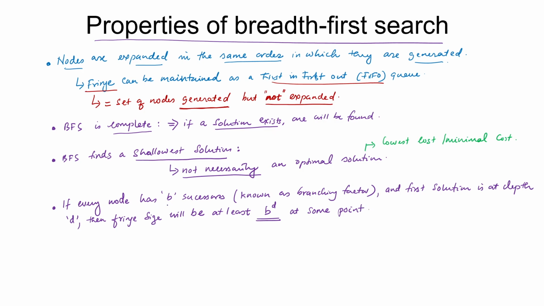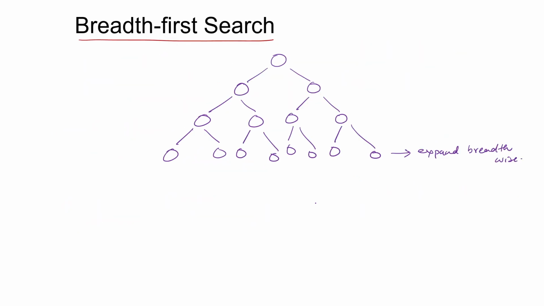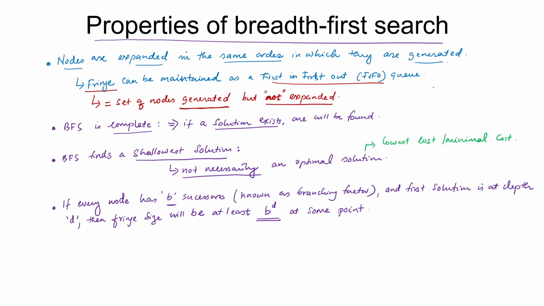So, if there are b successors for each node, the branching factor, okay, in the previous example the b here is 2, the branching factor is 2. Okay. So, if the first solution is at depth d, okay, and third level, fourth level, then the fringe size will be at least b to the power of d at some point of time.